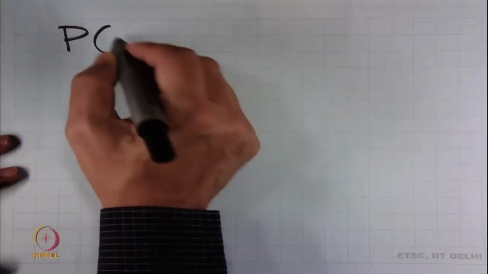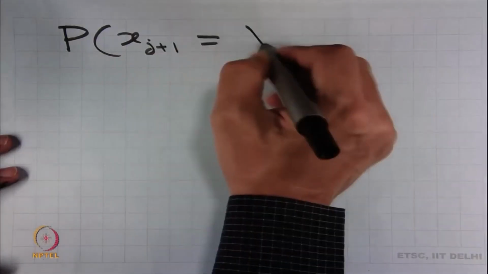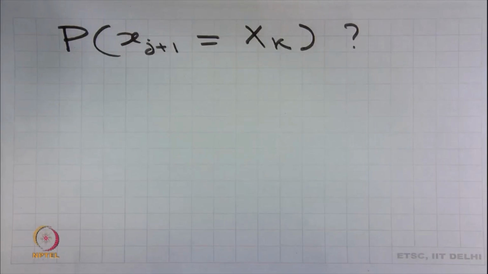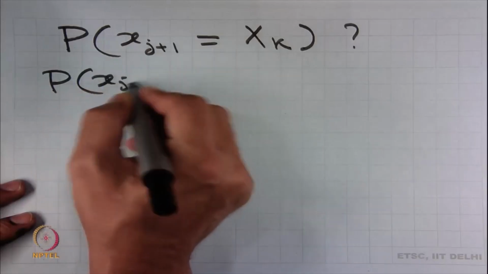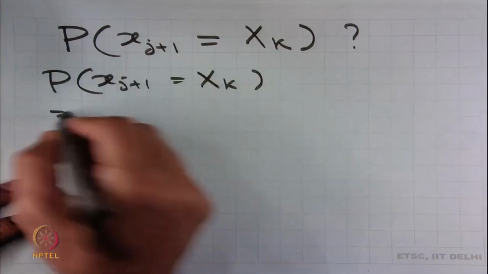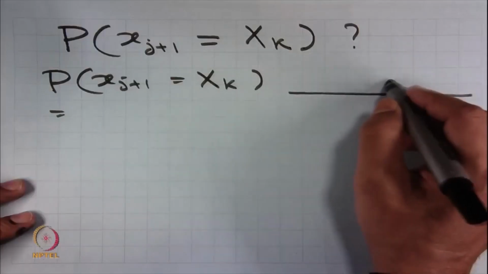What is the probability that the j plus 1th selection is equal to the kth member of the population? So, this we can calculate in the following way. Consider the following.